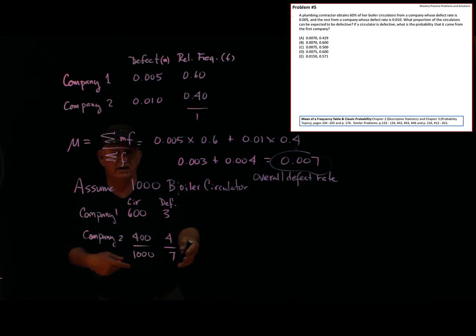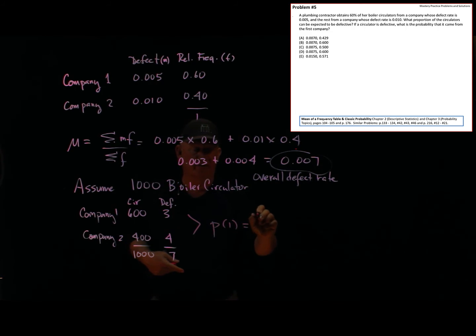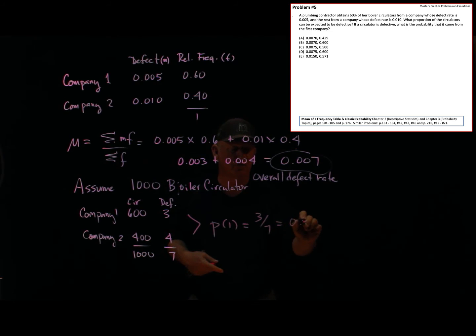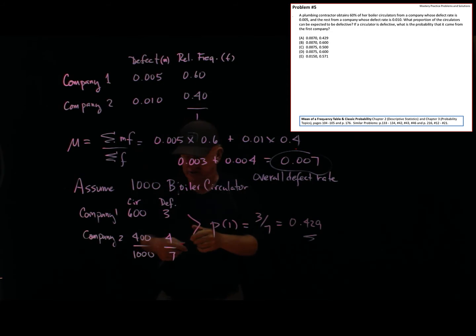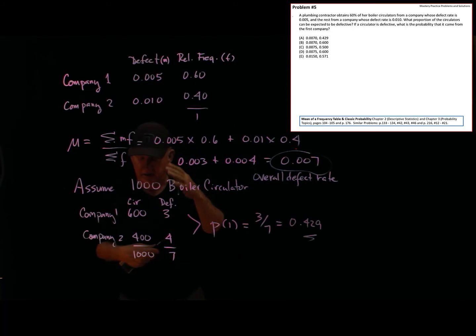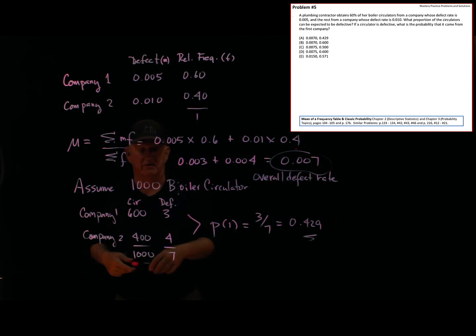All right. And if I reach in here and ask what's my probability of pulling out a company 1, then the probability that things are coming from company 1 is 3/7, or 0.429. Often useful, when there's only percentages, to imagine some number, and it's usually 100 or 1,000 depending on the percentages, so that you can have a concrete number.